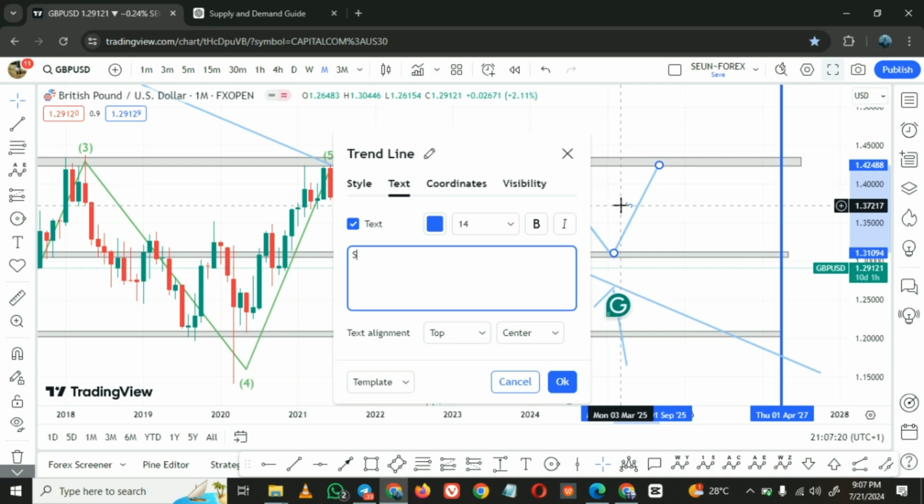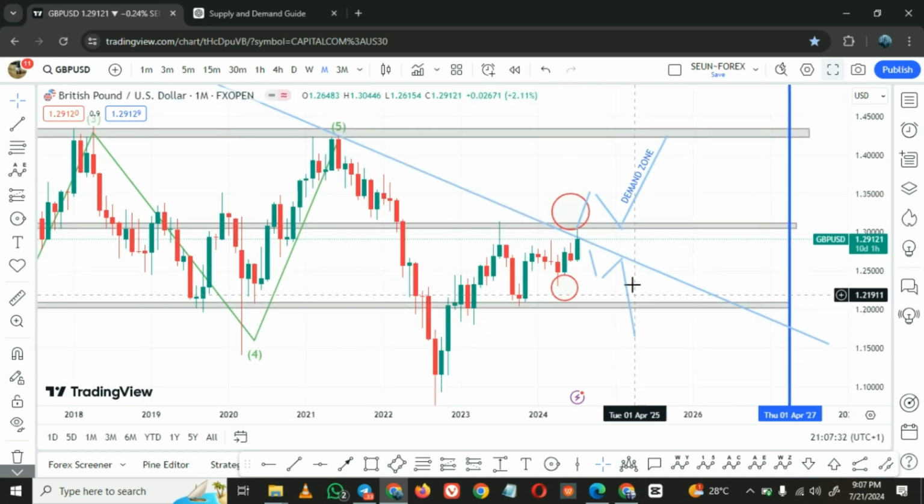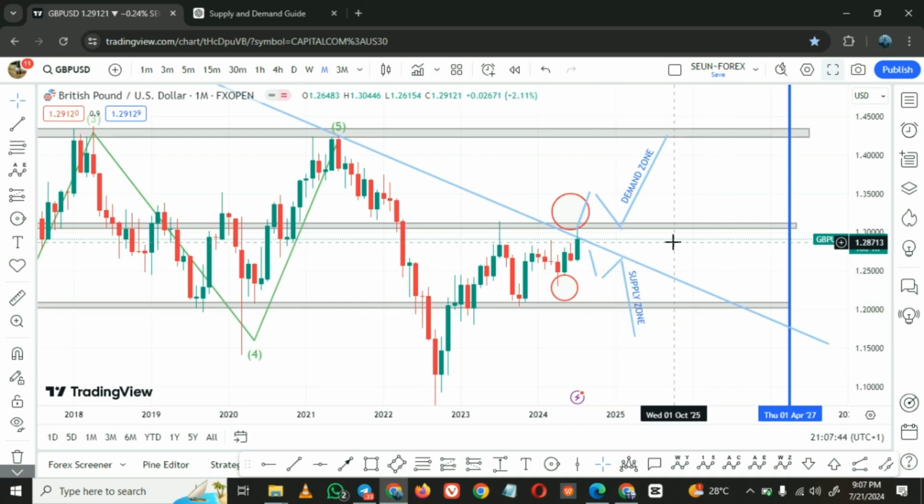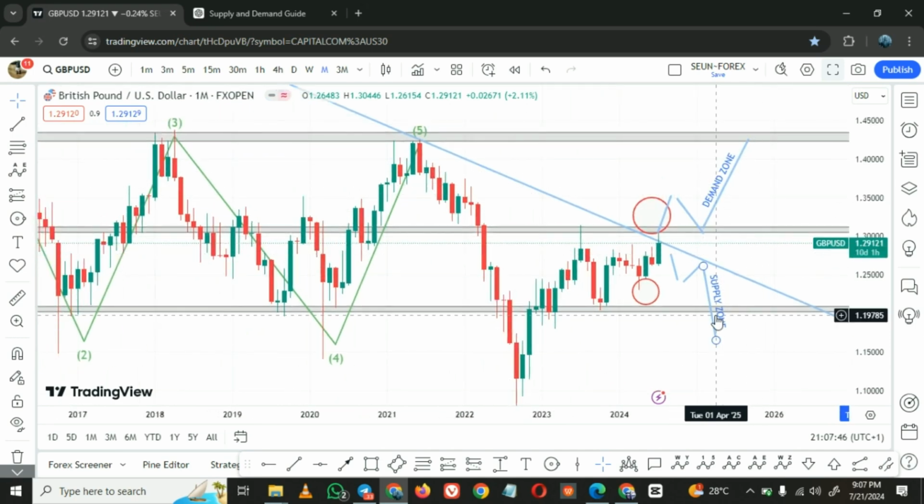This is demand zone. And this is supply zone. This is demand zone, this is supply zone. Understanding this basic simple structure will make you a profitable trader.